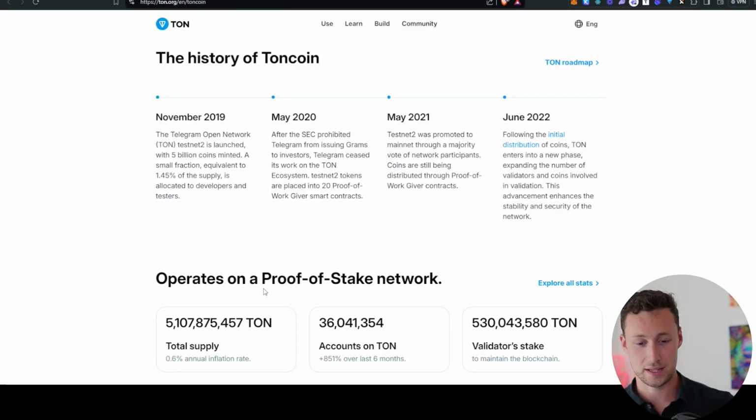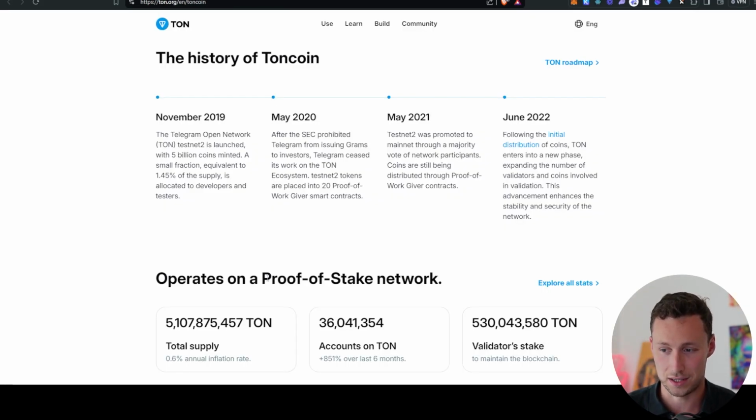All right, so now let's talk about TON coin. TON, also known as the Open Network, was originally called the Telegram Open Network, and it was launched in 2019 by Telegram. Telegram, most of you are probably familiar with because it's one of the most used applications in the world.